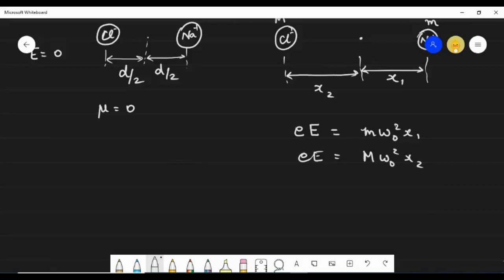The dipole moment in this case is e times X, X being the sum of x1 and x2.